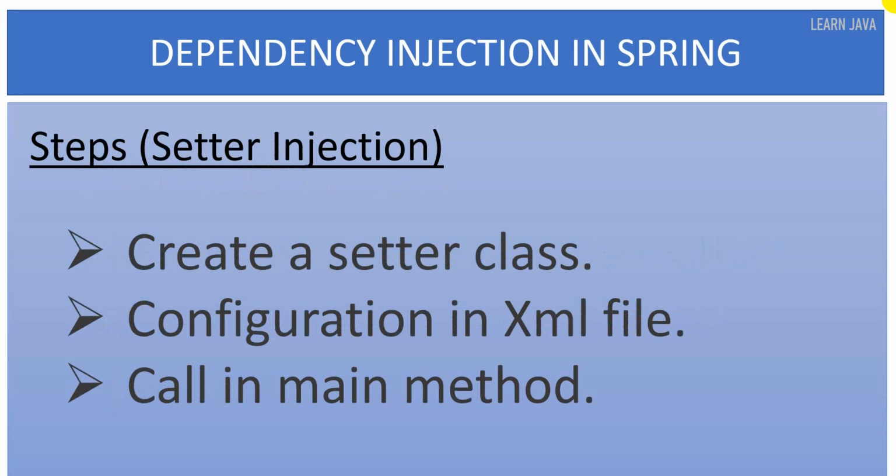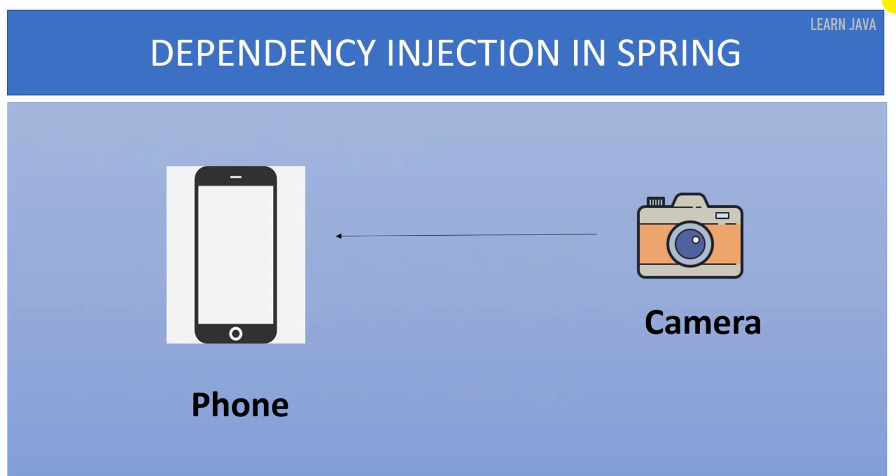You have 3 steps for setter injection. That is, create a setter class, configure it in the XML file, and then finally call it in the main method. So in this example, we will inject the camera dependency to our phone class.